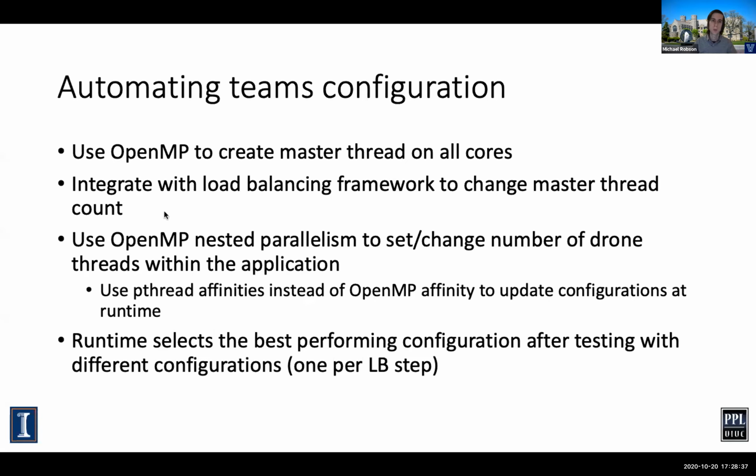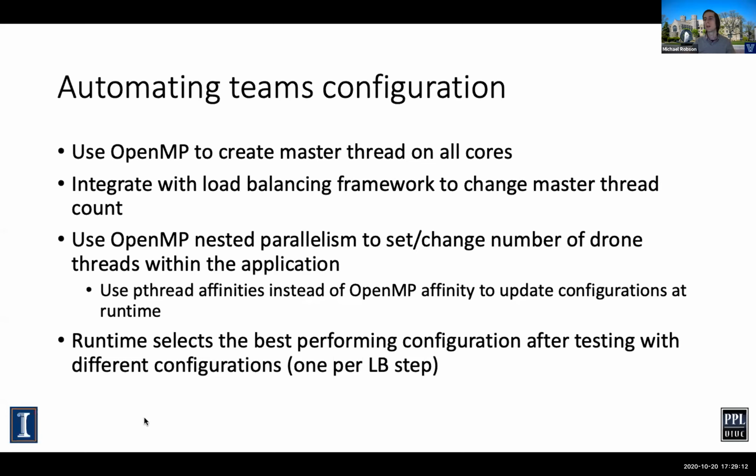The idea here is we want to integrate this into the load balancing framework such that, as the program evolves and executes, if we have a dynamic case and maybe you need more or fewer threads per object, you could rearrange these master threads so you could increase or decrease their counts, right? So we can use this OpenMP nested parallelism to change the ratio of masters to drones and use pthreads to update the affinity of those threads as the configuration gets updated at runtime.